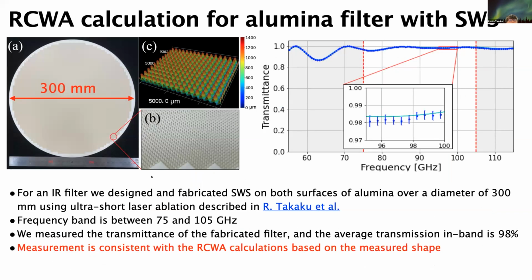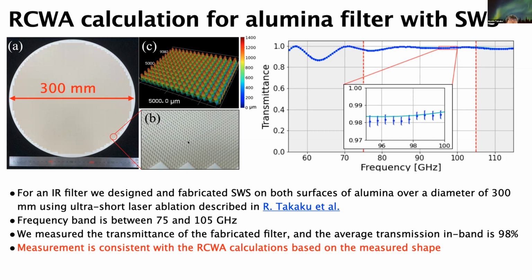This is also our development, not directly related to the CMB polarization measurement. But this is a good example that the RCWA calculation is very accurate. We designed and fabricated structures on both surfaces of alumina over a diameter of 300 millimeters.